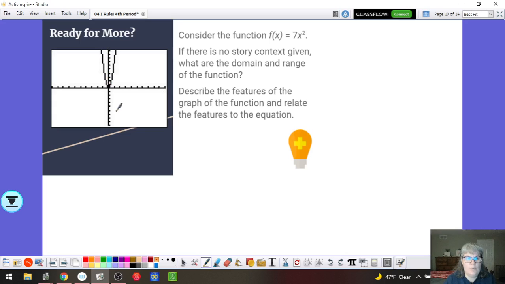So this is a parabola. And we've been working with partial parabolas on our patterns. So we don't have any context, but we're going to describe the domain and the range and some other features of this graph. One thing I want you to remember is the domain is the set of x values.